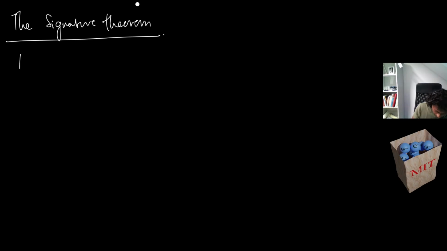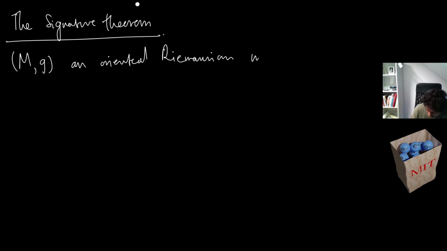Okay, so let's begin with (M, g) being an oriented Riemannian manifold with boundary, and for our purposes, maybe it's better that we assume this. No, we don't need to assume it straight away.